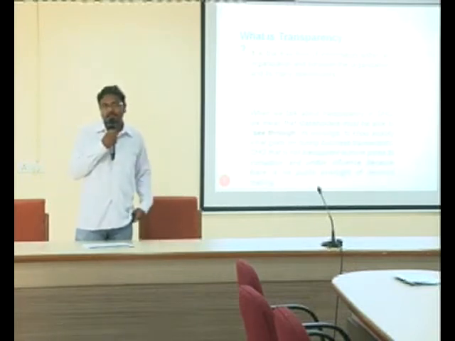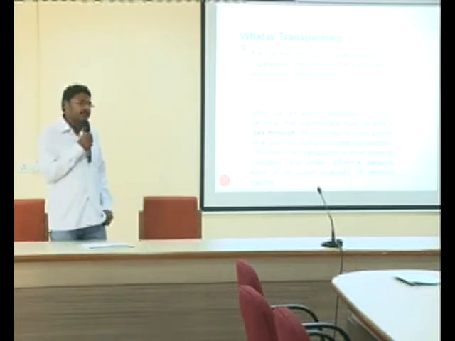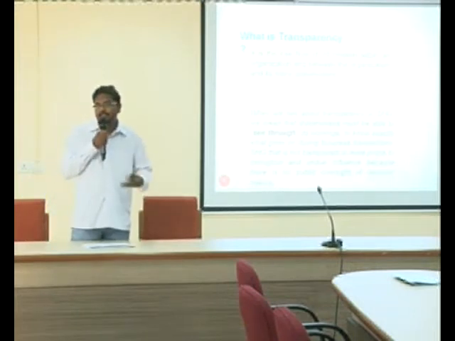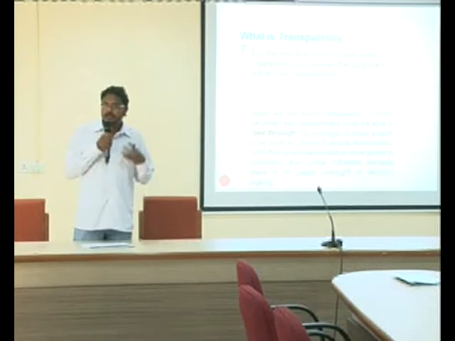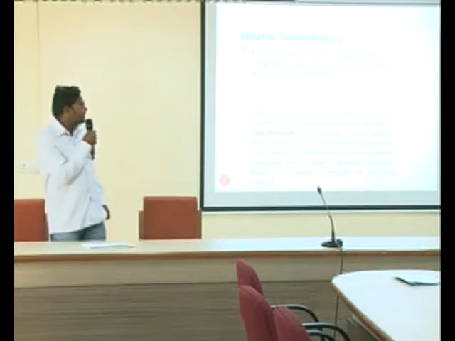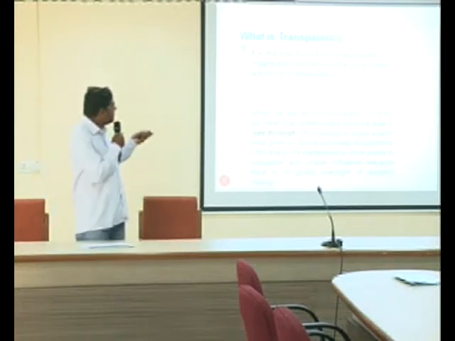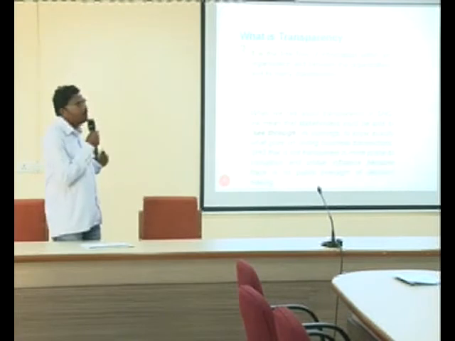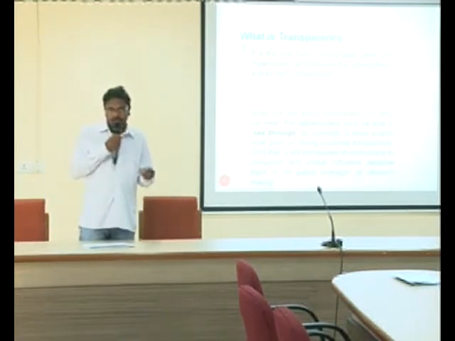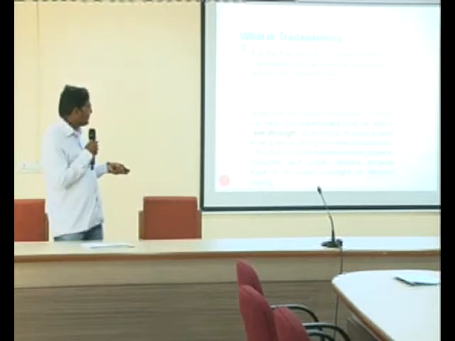We read in newspapers about the scam. It's because we are not able to see what is happening. They're just doing everything under the mask and they're able to accumulate 1,000 crores. That's too much money. So transparency is like we are able to see all of their work, how they are doing, what is happening and all.